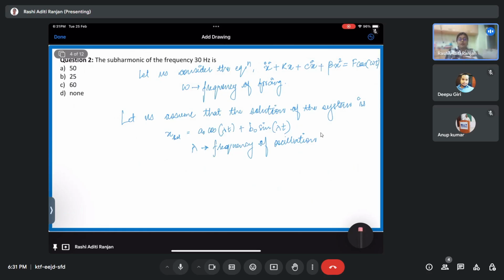We'll see what solution we get if lambda is equal to omega, and what if lambda is not equal to omega.